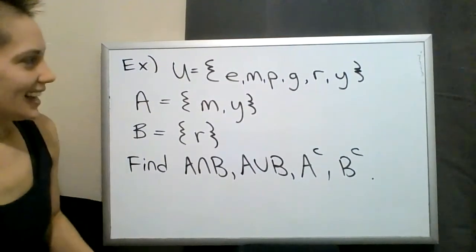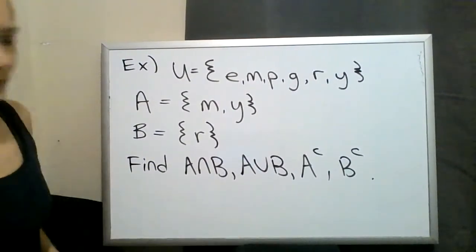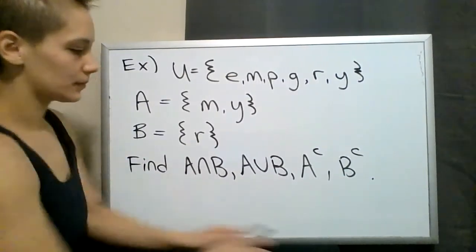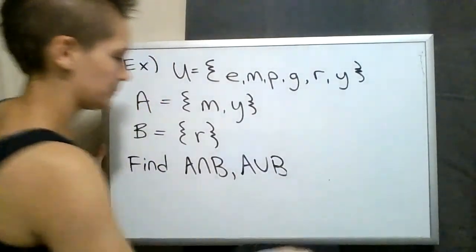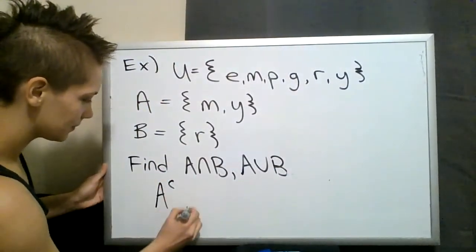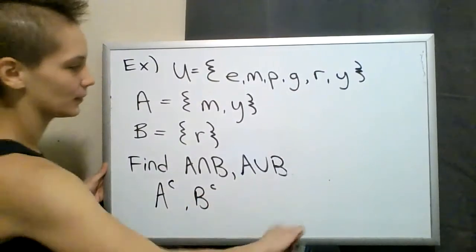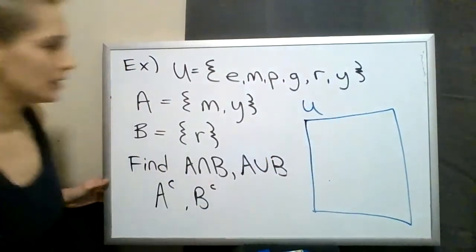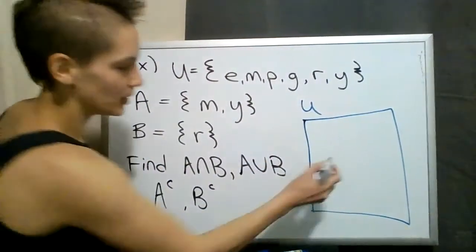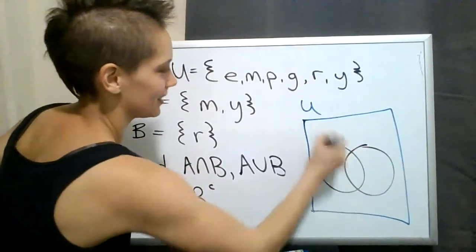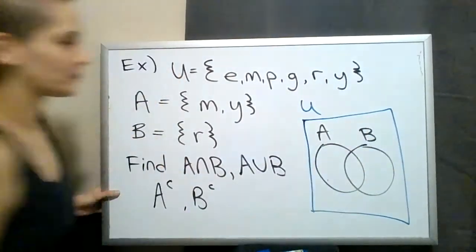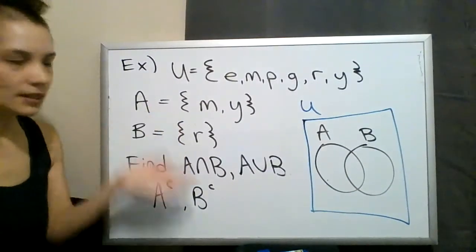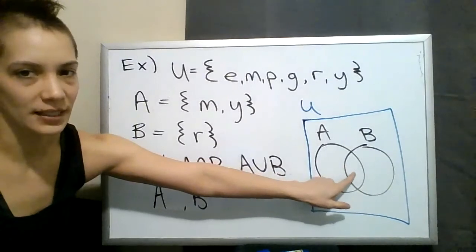Okay. I will start with a sketch. Universe. So have A overlapping B. Okay, are there any common elements? No. So this intersection will be empty.